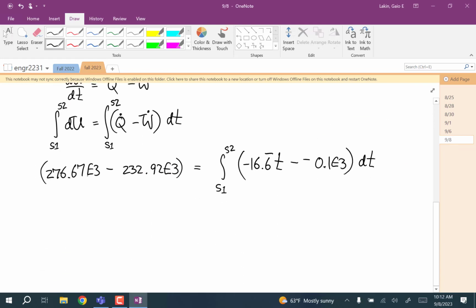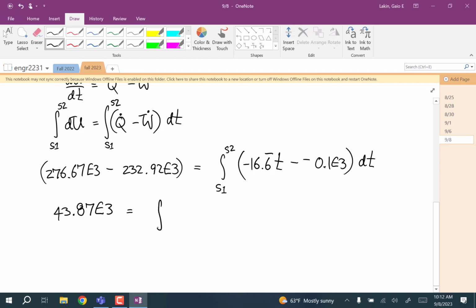So if you do this subtraction, what do you get there? 43.7, 87? Okay, times 10 to the third is equal to, and we're integrating this side with respect to time. So our boundaries are going to be the starting time and the ending time.